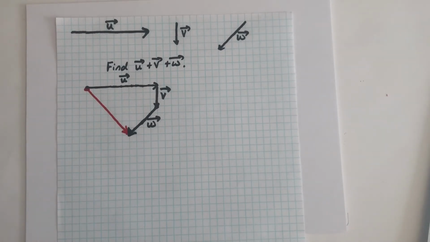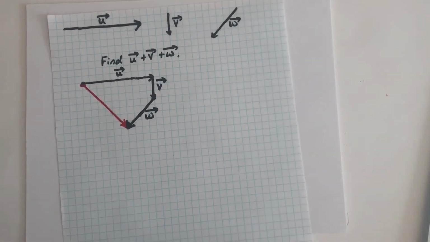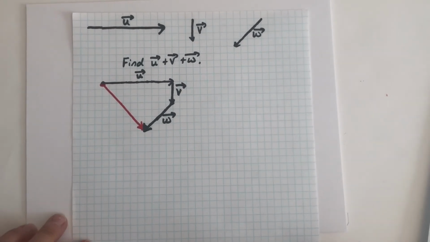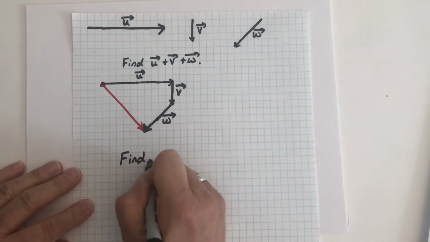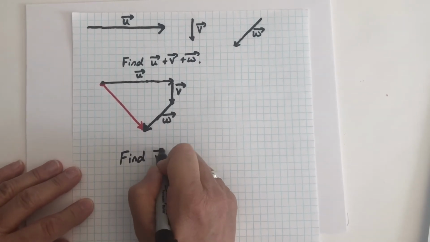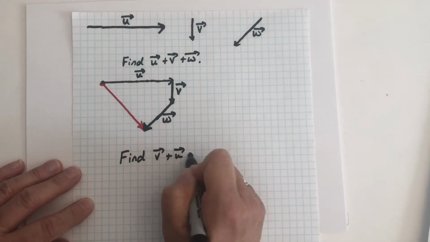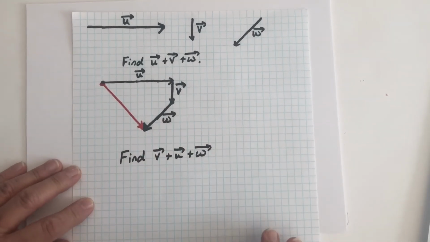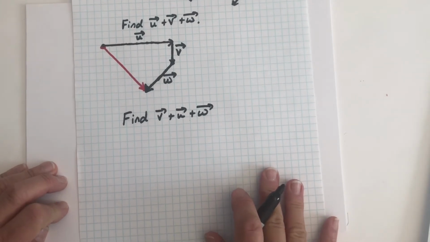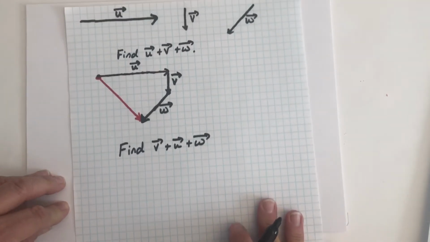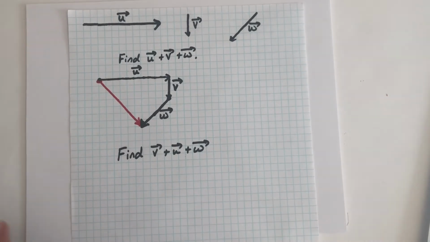Let's look at what the resultant vector would be if we added them in a different order. What if I had said, let's find V plus U plus W. Let's create that sum. So we'll do the same thing. I'll leave it there so we can see it a little bit longer.